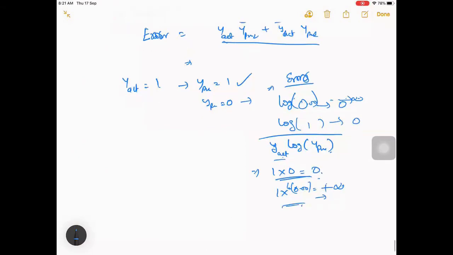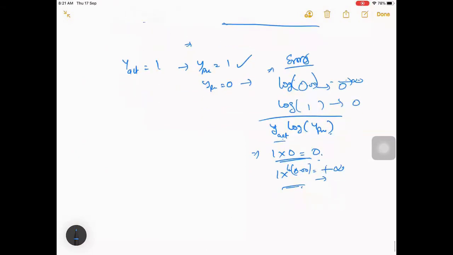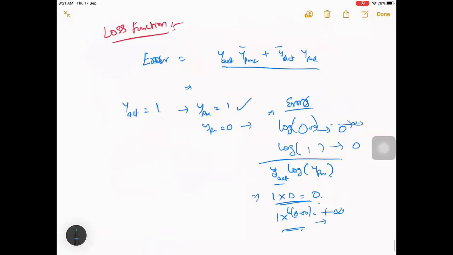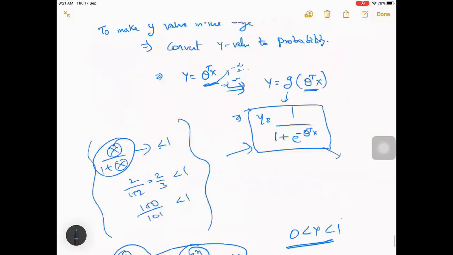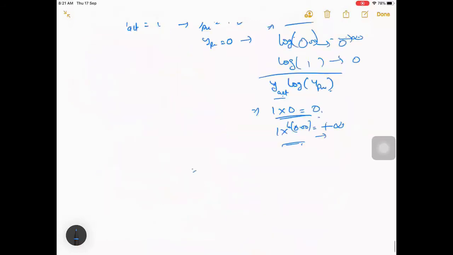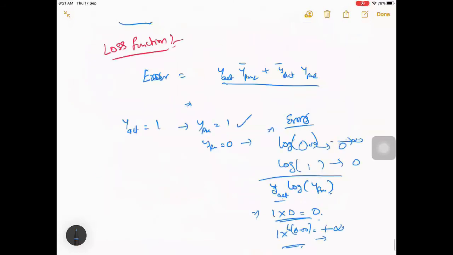So your loss function, instead of using it directly like this, the previous one will hold, what I erased earlier, but we are changing our y value so that our values are between 0 to 1.